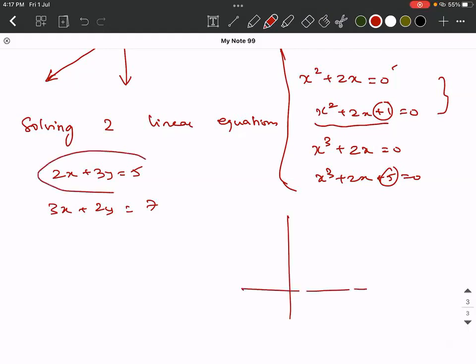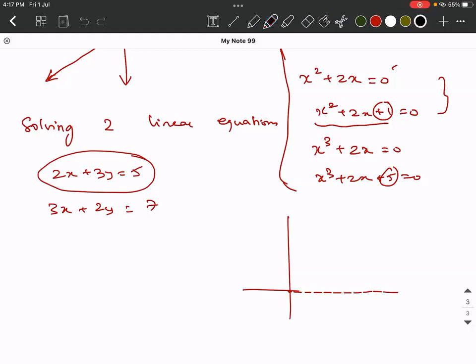What does 2x plus 3y is equal to 5 represent on a graph sheet? It is a straight line. So can you tell me the 2 points? How do we find those 2 points? I told you, x is equal to 0, y is equal to something; y is equal to 0, x is something. Tell me those 2 points.